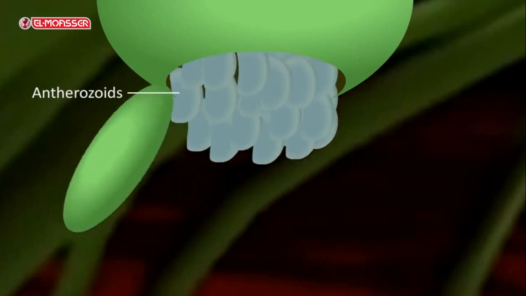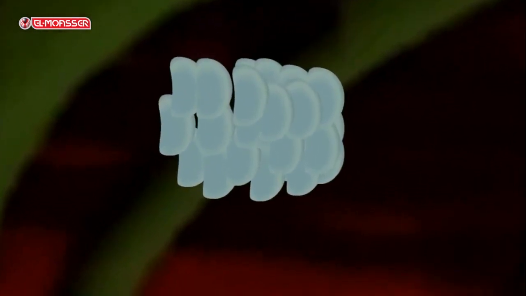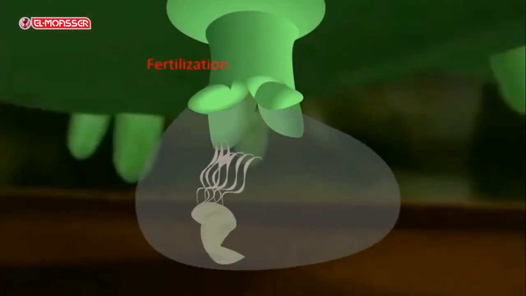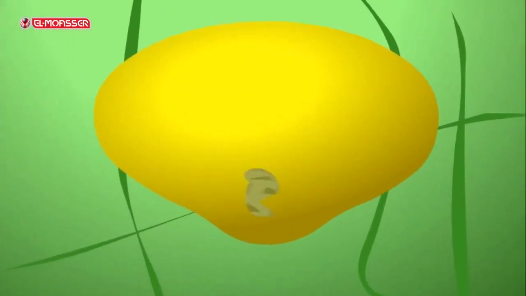After maturation, the male gametes are released from antheridia, known as ciliated sperms, that swim over the soil water till they reach the mature archegonia to fertilize the egg, forming the zygote, which is diploid, 2N.